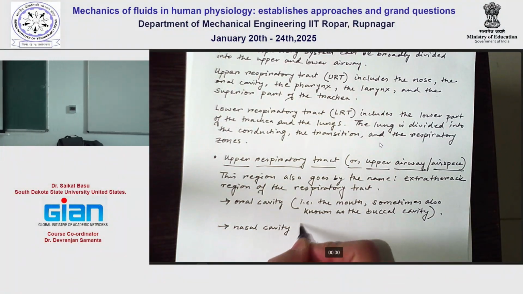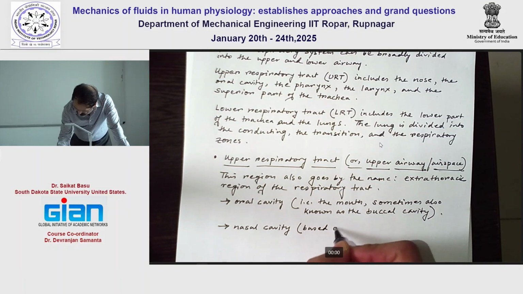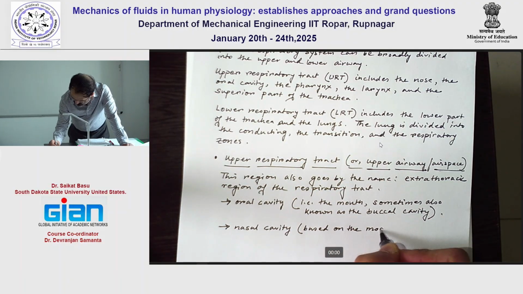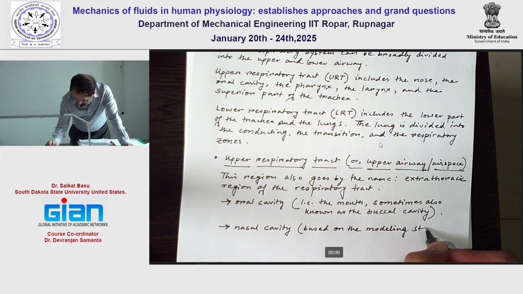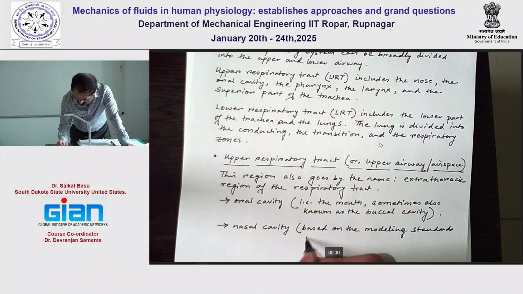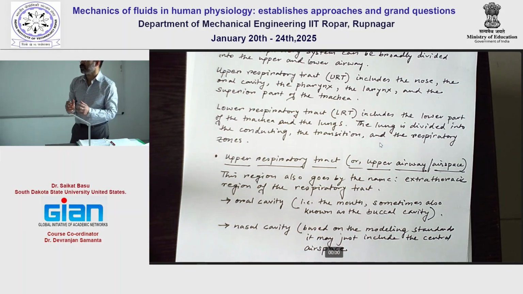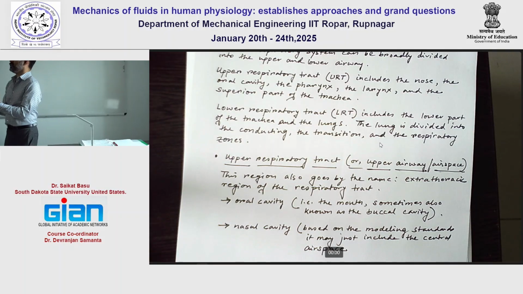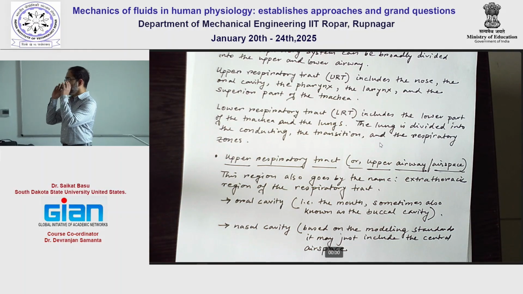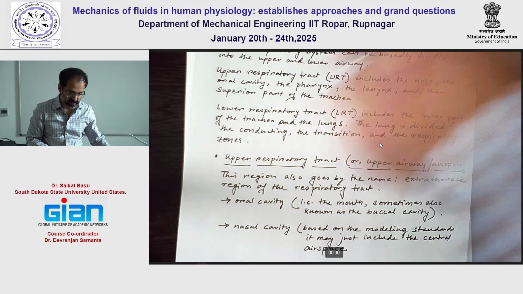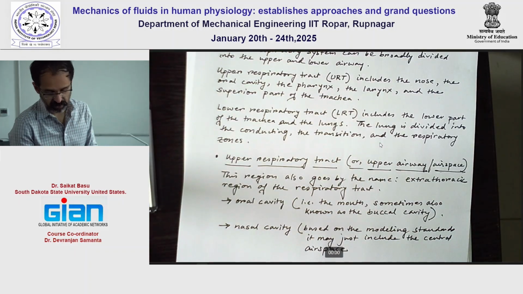So nasal cavity, based on the modeling standards, it may just include the central airspace. And by central airspace, I just mean the central region going through the nose without the additional appendages. Now you can see the appendages in this 3D print.